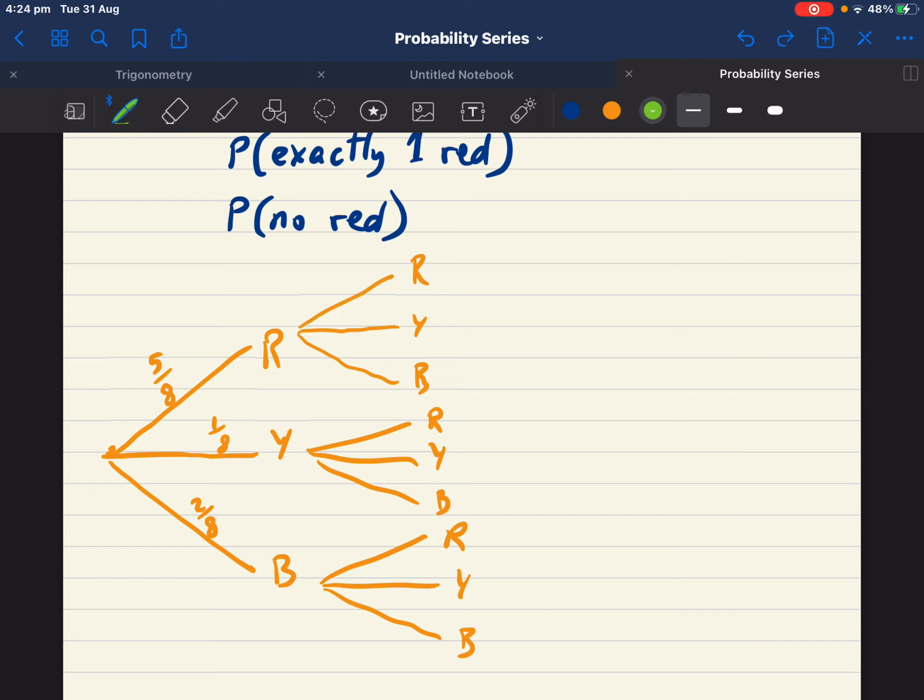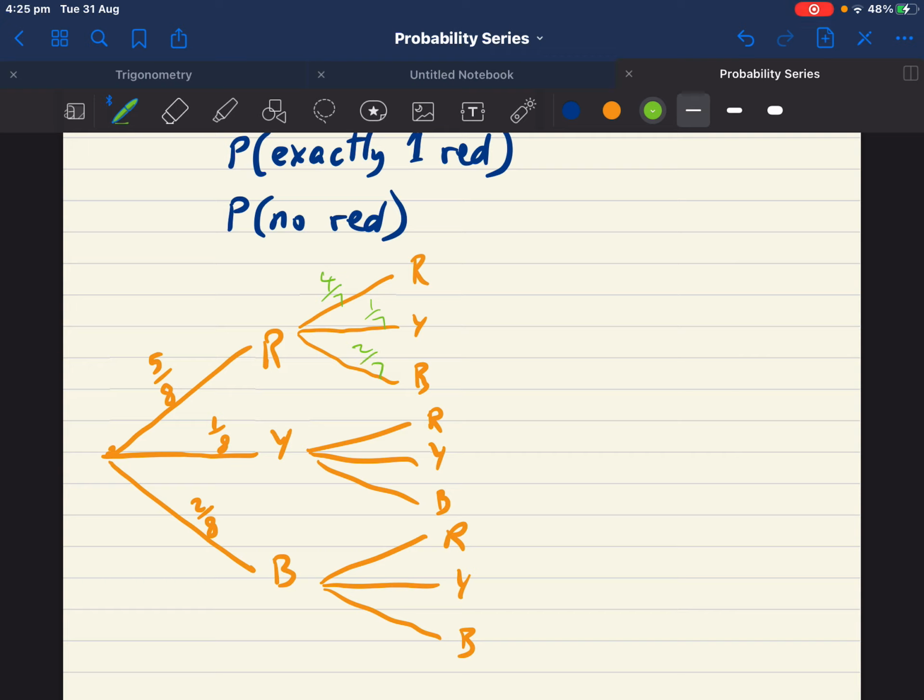Well, in this case, there would only be 4 red ones left out of a total of now 7 balls. A ball has already been taken out of the sack, so there's only 7 left. 4 of them are red. The probability we end up with a yellow, well, that yellow one was still in there out of a total of 7, so that becomes a 1 in 7. And the probability you end up with a blue ball, there were 2 of them left out of 7.